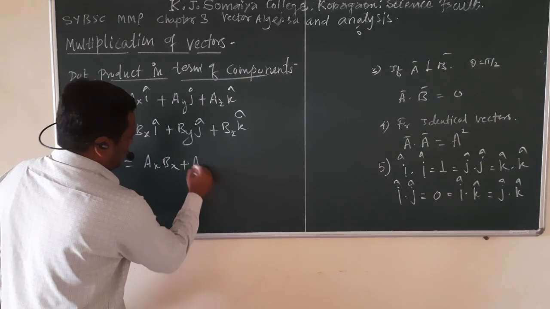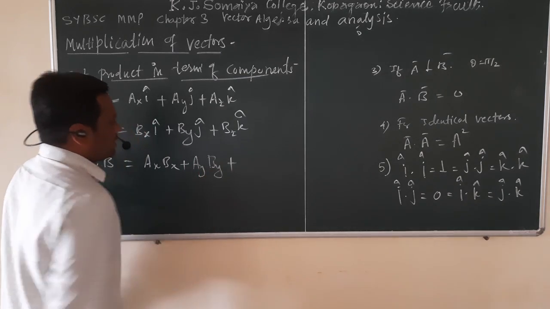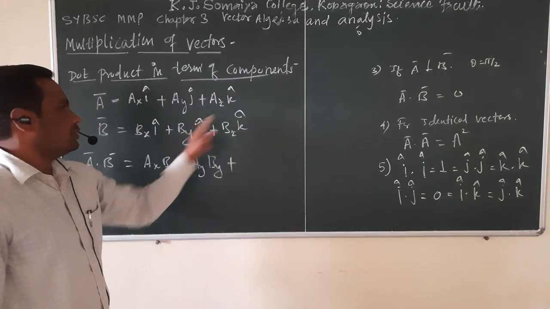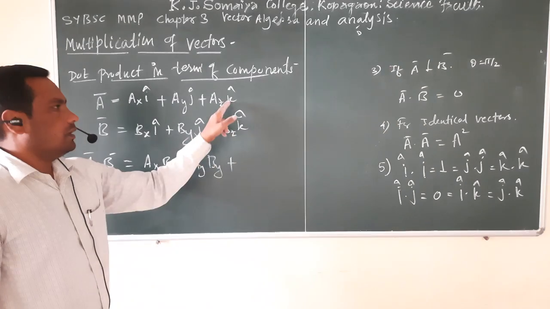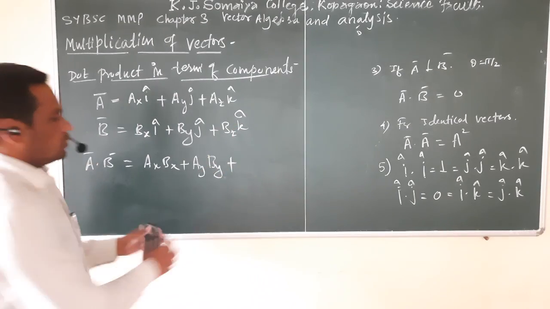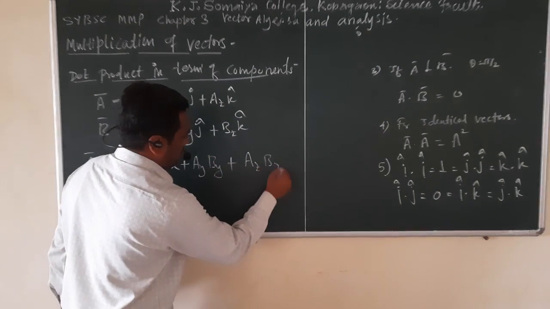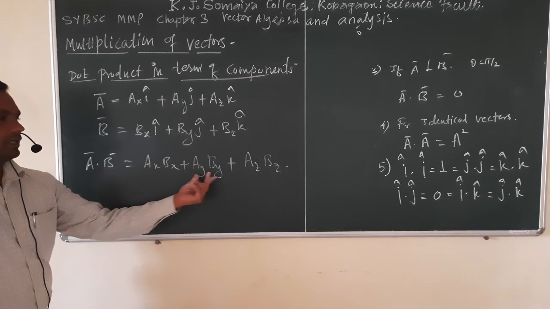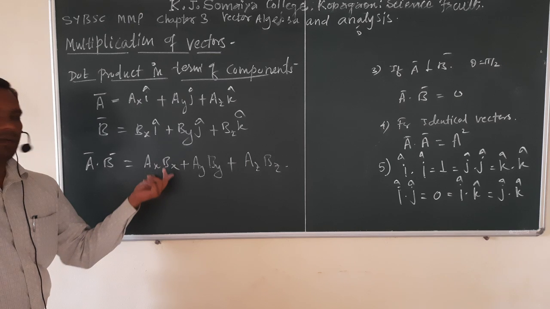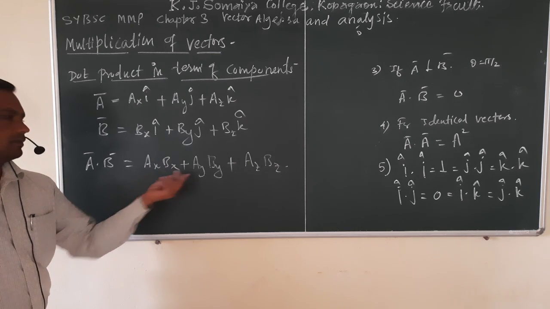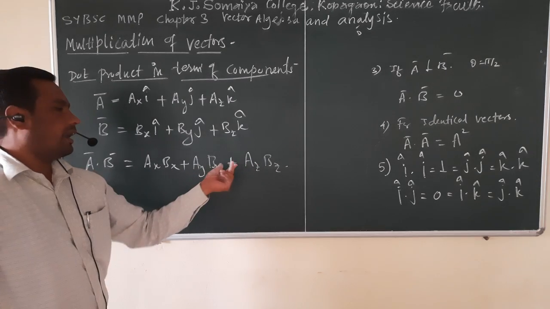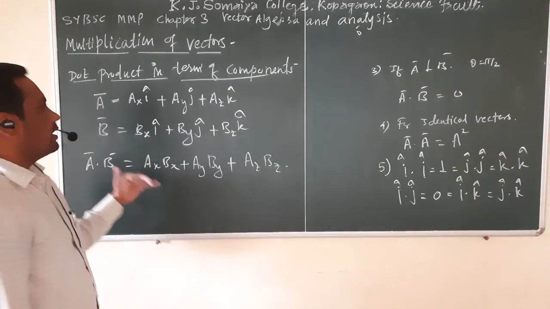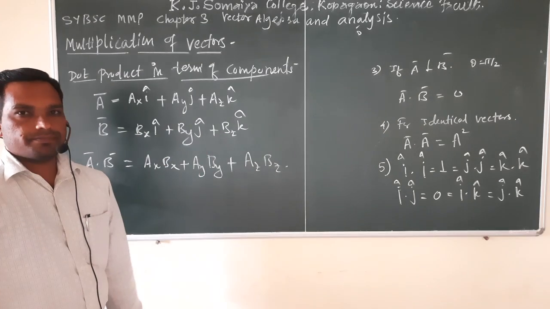So the next term is ay by, plus j cap dotted with k cap is also 0, k cap dotted with i cap is 0, k cap dotted with j cap is 0, and this term is 1. So az bz. So in this way, we can take the dot product in terms of their components. We have to multiply the x components of these two vectors, the y components and the z components, and add these three. Okay. So in this way, you can take the dot product of two vectors.